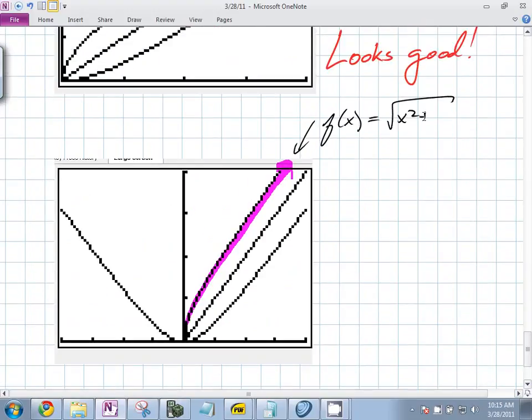Correct? And we found that the inverse, we're pretty sure, was f inverse equal to -1 plus the square root of 1 plus x squared. Well, they told us on this one that the domain here was x has to be... So therefore on this one, what does y have to be?